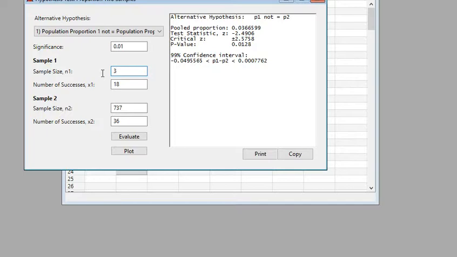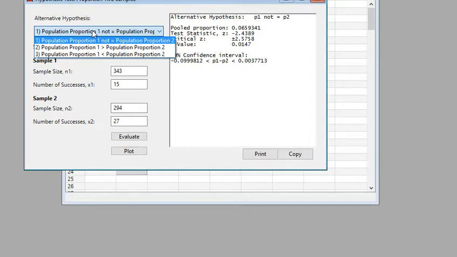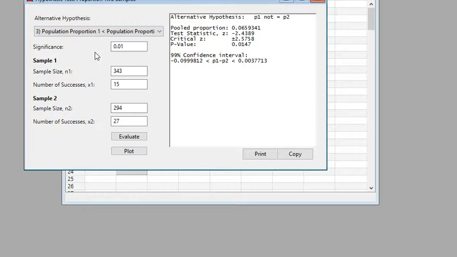This time we want 343 in sample 1, and 15 got malaria, 294 in sample 2, and 27 got malaria. 1% significance level. Oh, there's one thing I have to change first. The alternative hypothesis should be that our first sample, P sub B, is less than P sub N. Okay, I think we're all set here.